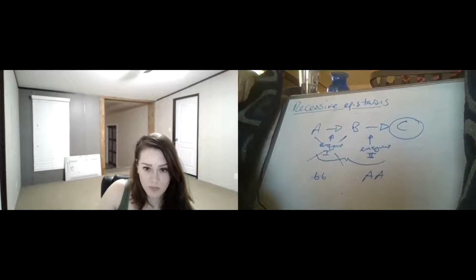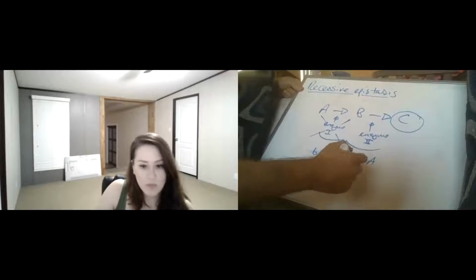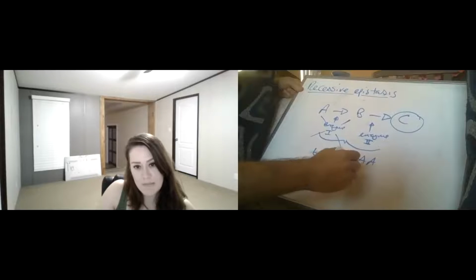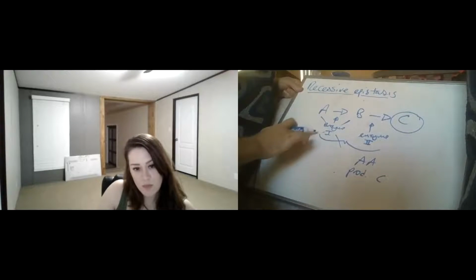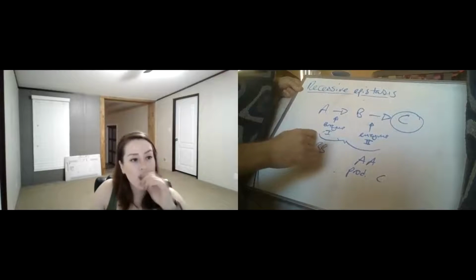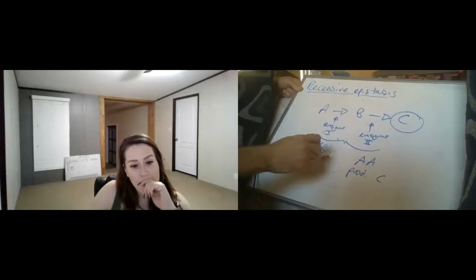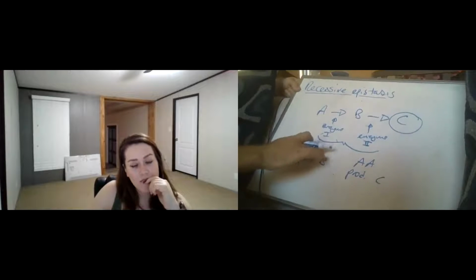So let's put it another way. The dominant phenotype would be producing C. I should have done it the other way around, shouldn't I? That's what you get if you have, actually, don't even need that one there.